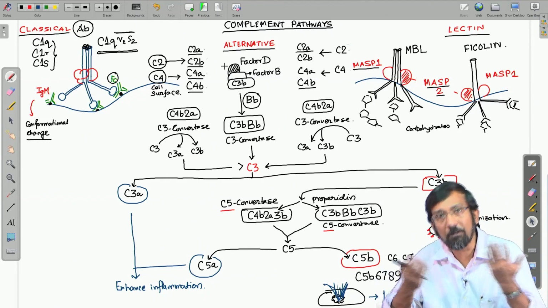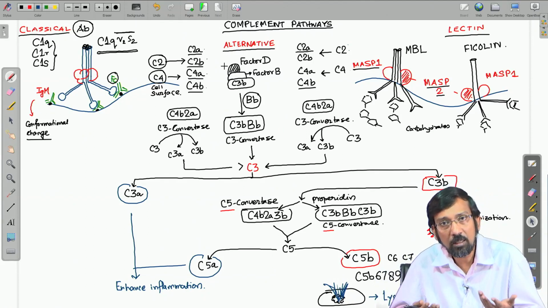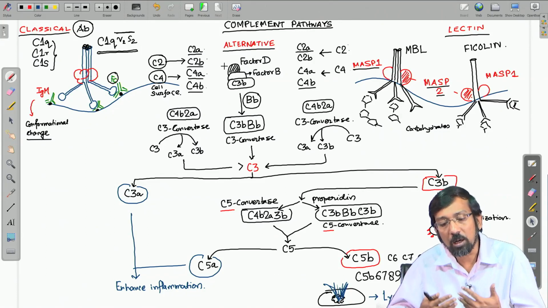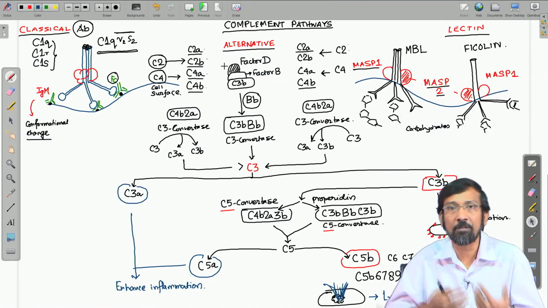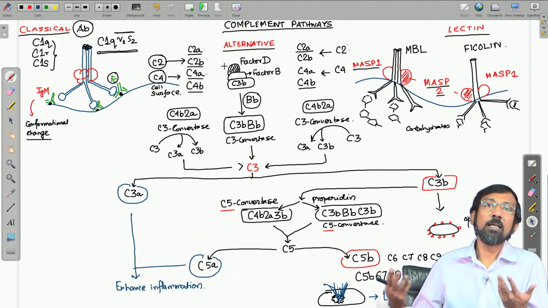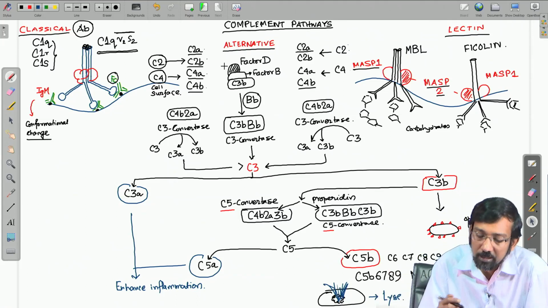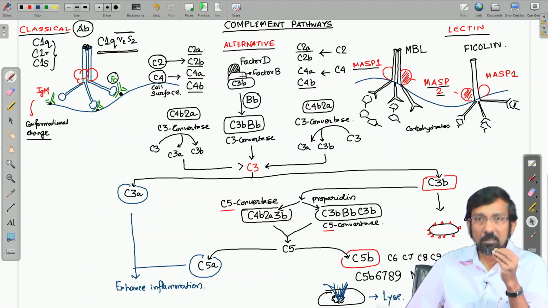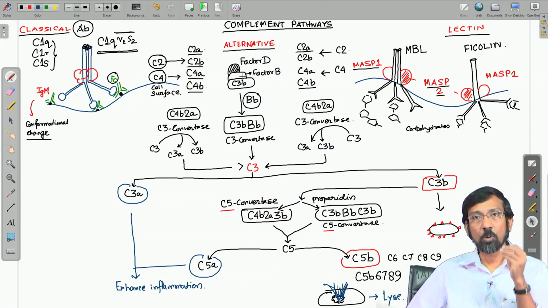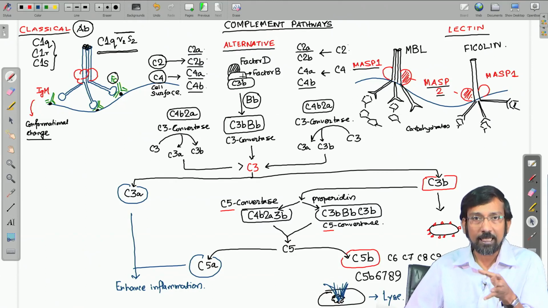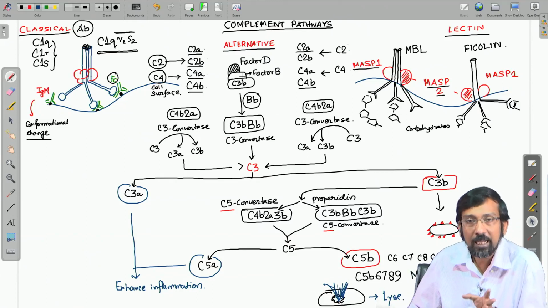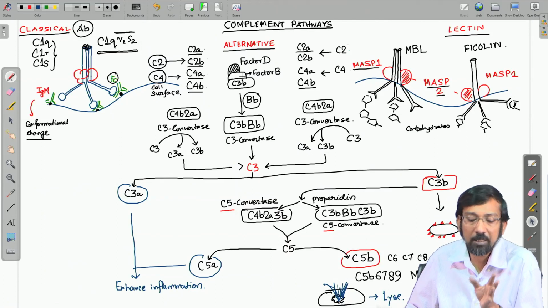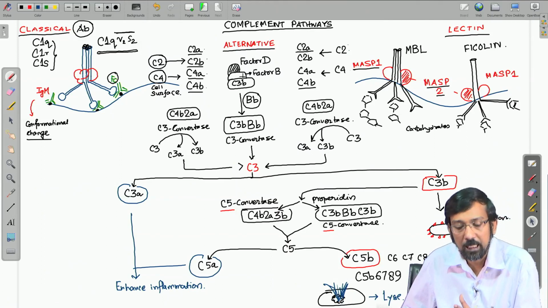It just amplifies the signal. If the cleavage product C3b is available, then only it can amplify the signal. So, when there is C3b available, it can associate with another complement protein, which we call factor B, and this factor B can also be cleaved. It can be cleaved into Ba and Bb.